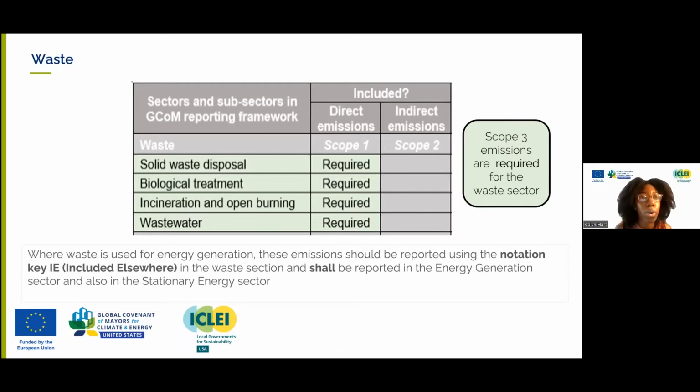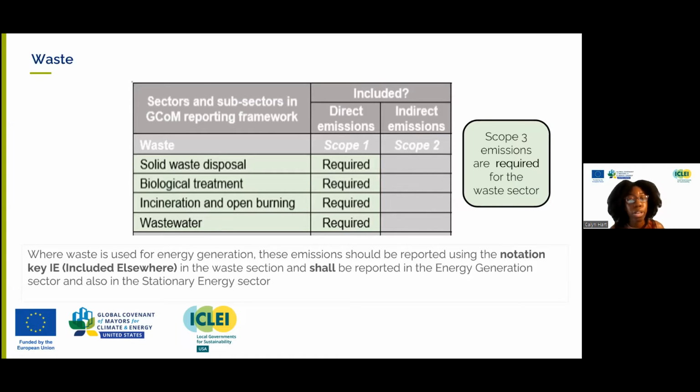And again, wastewater is included in this waste sector, so just ensure that you have your scope 1 emissions for that. And I did want to mention that if you have a wastewater plant that has an energy generation unit, these emissions should be included as IE in this waste sector when you're reporting, but then in the energy generation sector and the stationary energy sector.